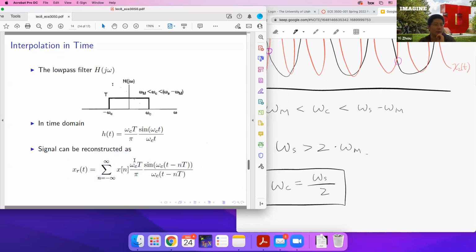Suppose you are sampling at 100 times the Nyquist rate, then you will have many more discrete samples, and this capital T will be much smaller, but you can always reconstruct the same signal following this equation.